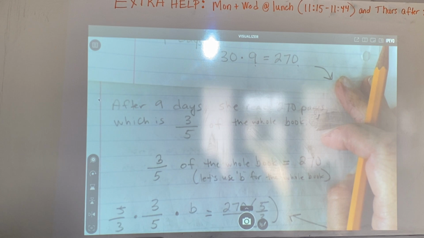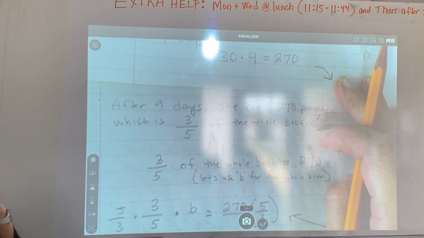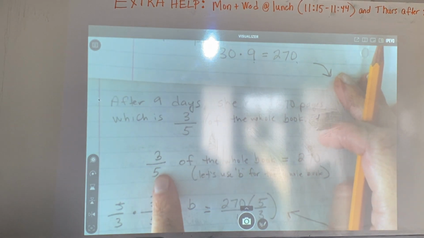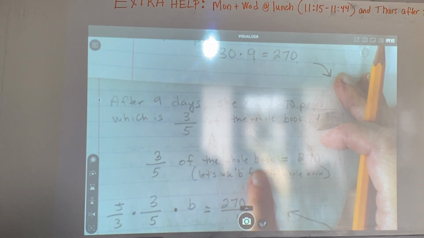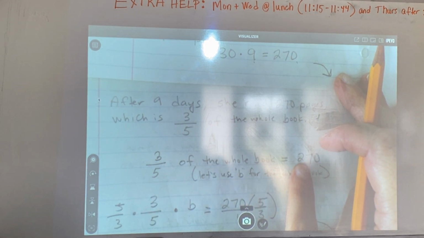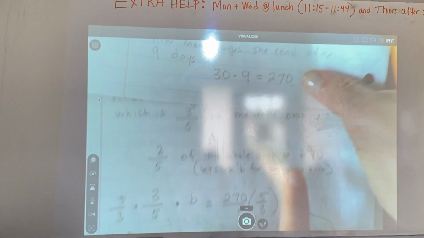But it says in the question, that's 3/5 of the whole book. Okay? Lots of steps to this. 3/5 of the whole book is 270 pages. When we did 30 times 9, 270 pages. Isn't you just multiply?